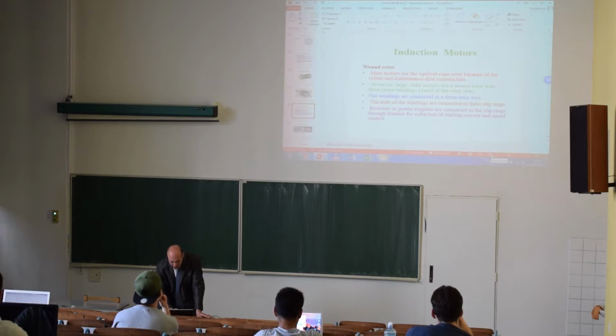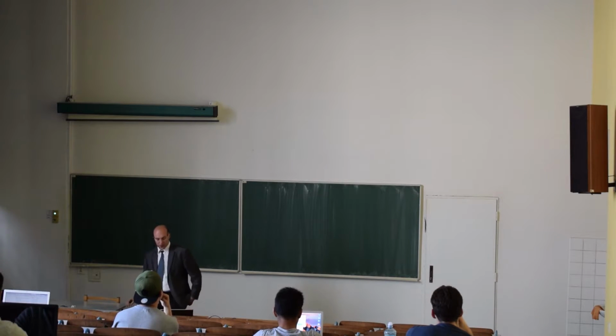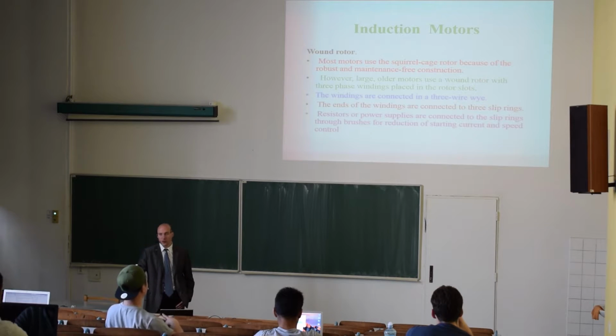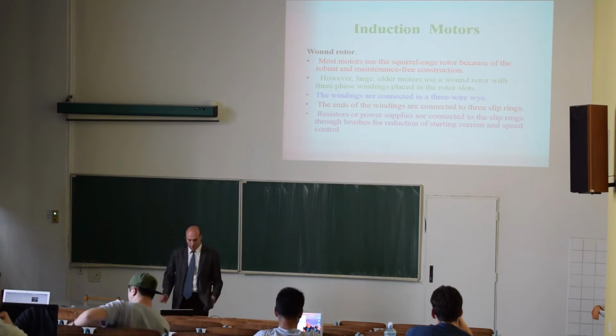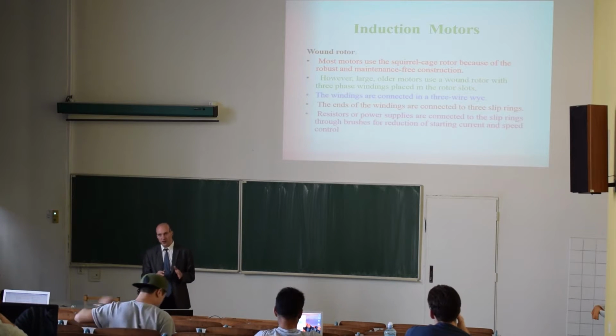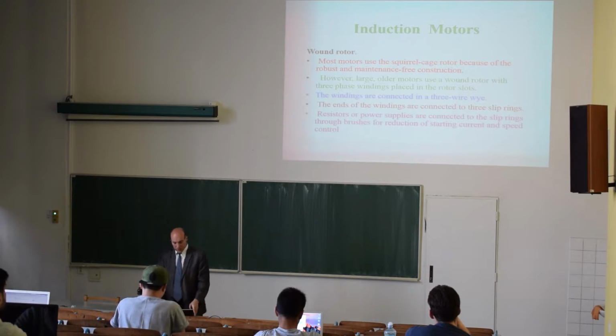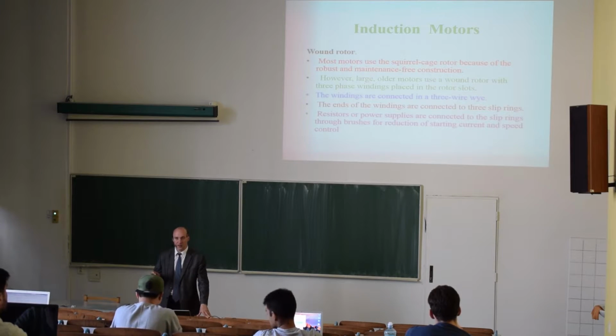So this is the second type of an induction motor that is called a wound motor or wound rotor. Most of the motors have squirrel cages, so they are very easy, but they do not allow us to change the characteristics.